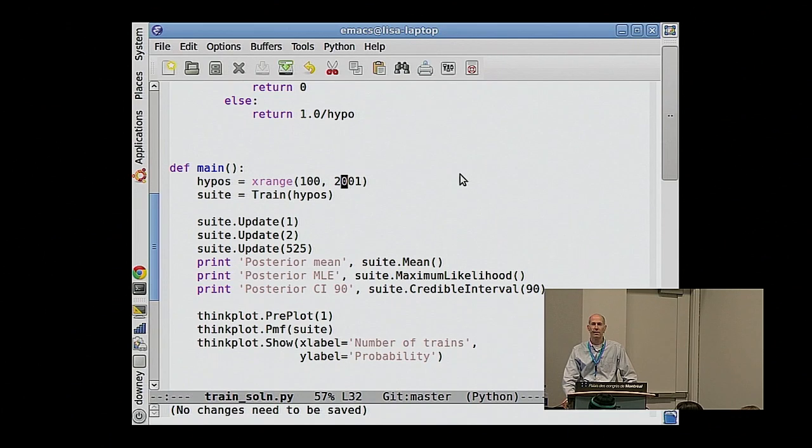The curve gets more pointy. Yes, good question. So the question is, if we see lots of trains with very low numbers on them, is that why this distribution is getting narrower and narrower, or is it just the number of trains? And it's mostly the number of trains. It's similar to: I've rolled this die 10 times and I've never seen anything bigger than 8, and that makes me think it's an 8-sided die. Same logic here.